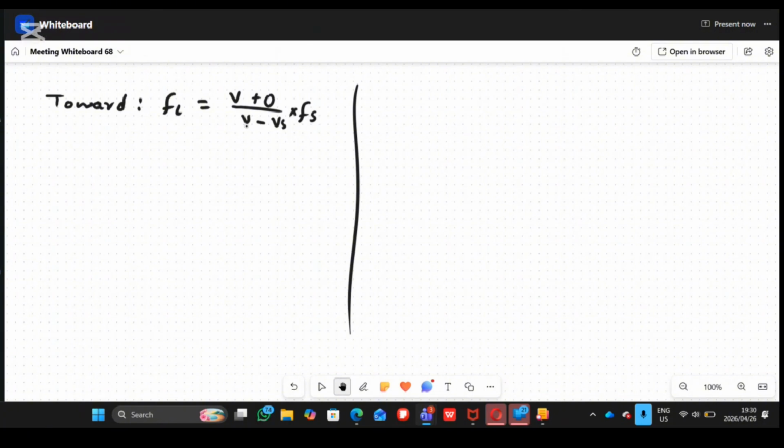Which basically means if a sound source is moving towards a stationary observer or a stationary listener, the velocity of the listener is 0. So it doesn't have an effect. Then the formula that you can use is this one. You use it like this.